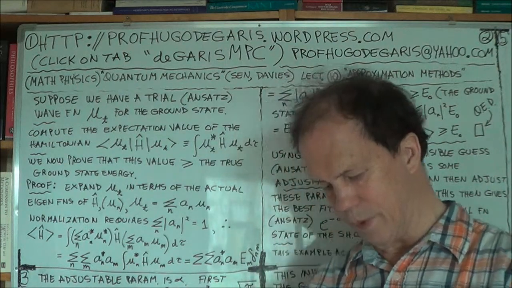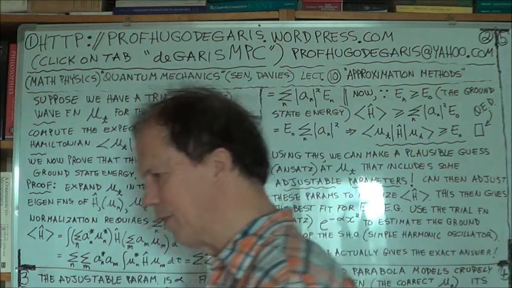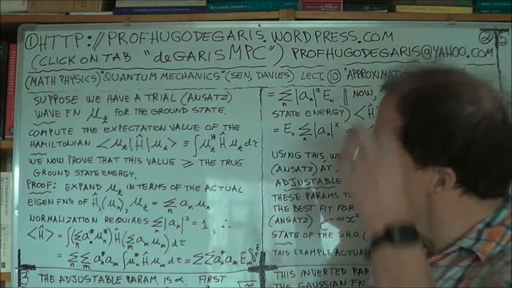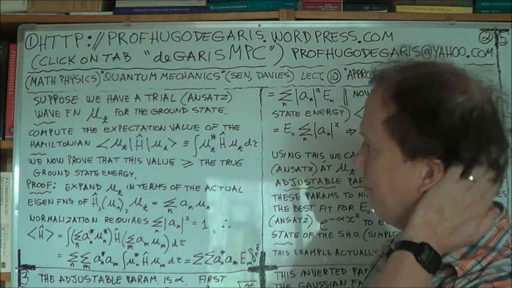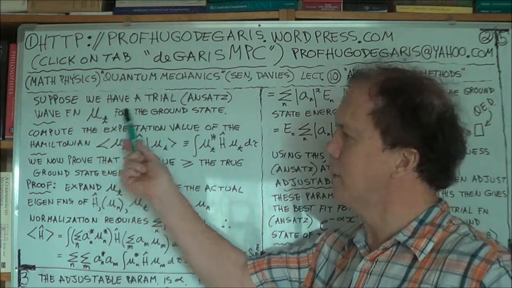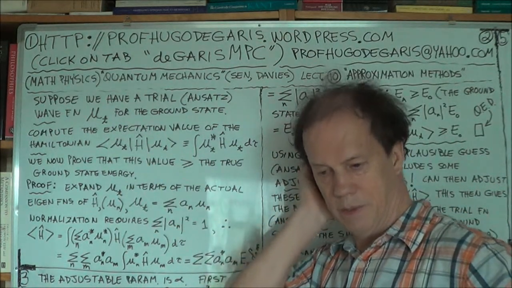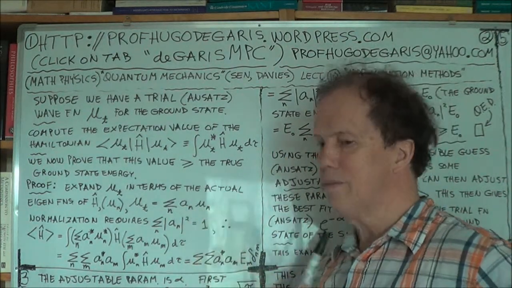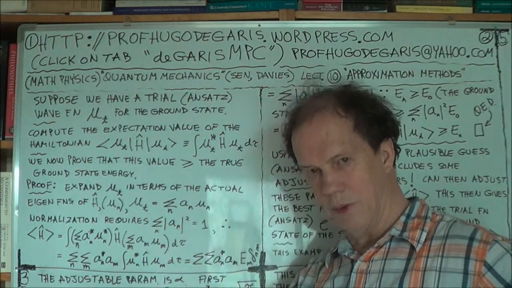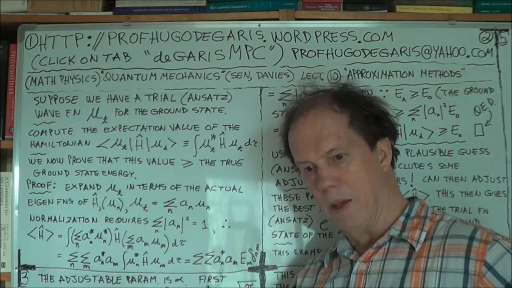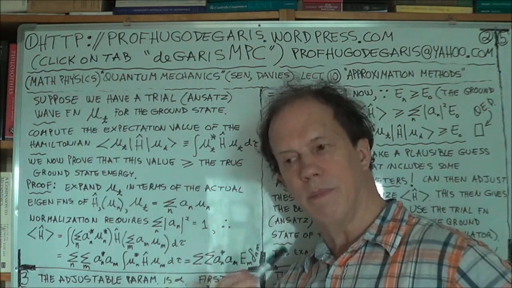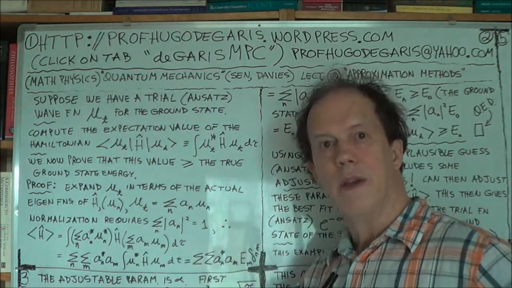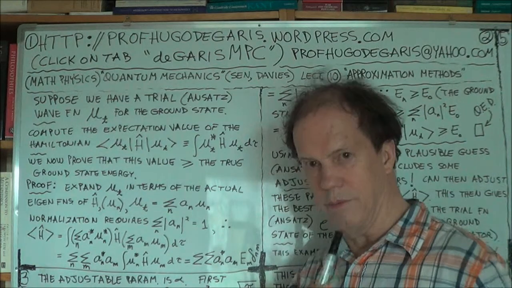The variational method. So assume we don't know the real eigenfunction, so we're trying to approximate it, which is what this whole chapter is about. The first major approach was the perturbation theory approach, and the second one, which we're now getting into the details of, is the variational method.